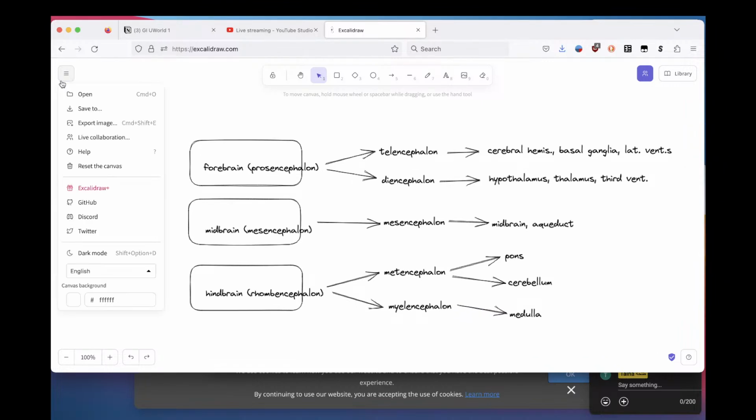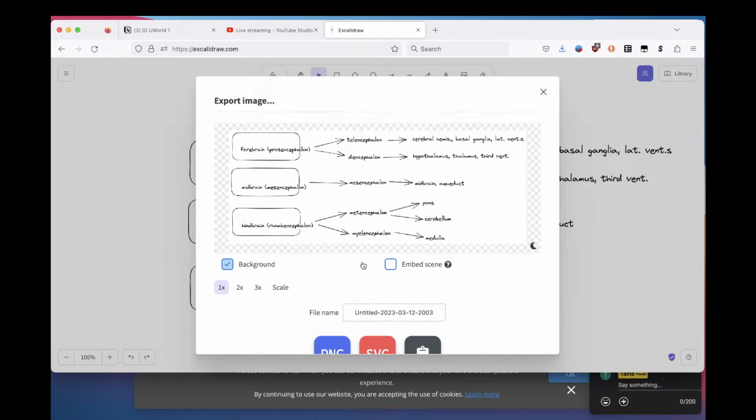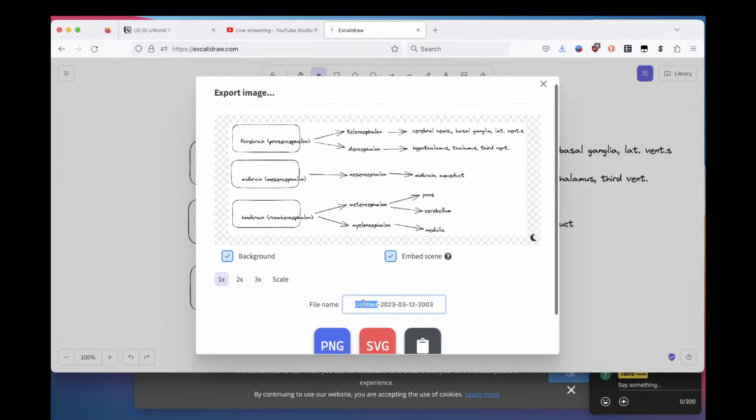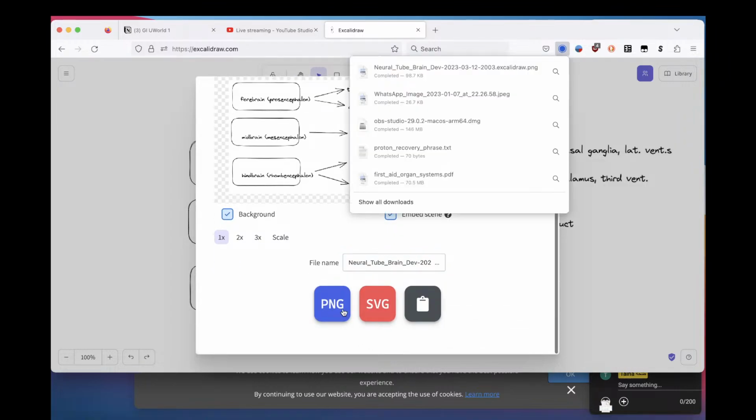So I'm just going to export this. I think I got this okay. And then the questions will actually test my knowledge. So let's export this, embed the scene. This is going to be called neural tube brain dev. Okay, and it's going to be a PNG. Okay, perfect.